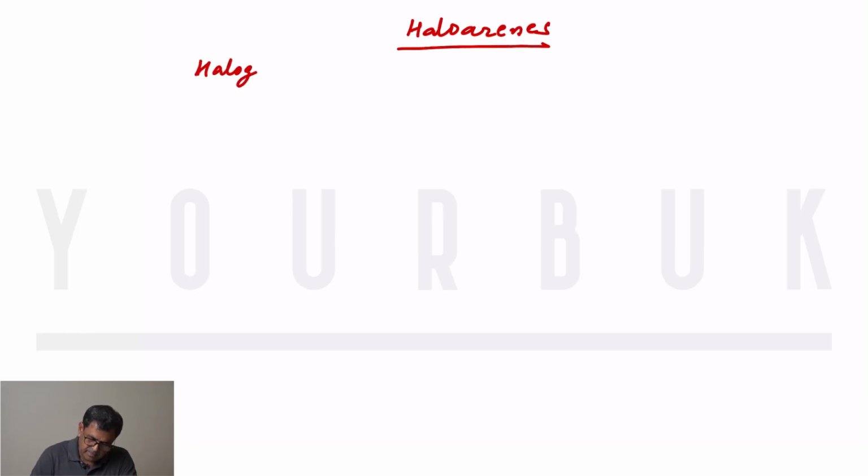Now next, we'll discuss haloarenes, mainly halobenzene. Haloarenes means you have a halogen directly bonded to the benzene ring.